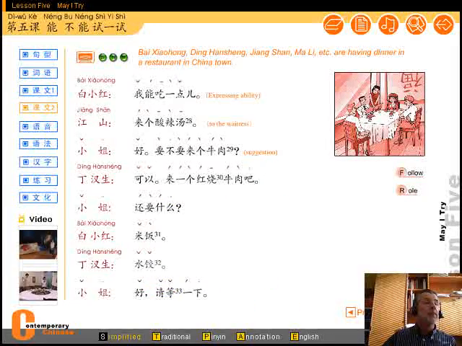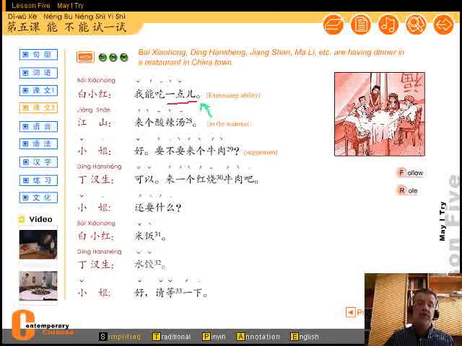All right, and then again here she uses 一点儿. 我能吃一点儿辣的菜. So she could have gone on and said 我能吃一点儿辣的菜, she could have put that on the end there. So yeah, she can eat a little bit of spicy food, or spicy food that's a little bit spicy.